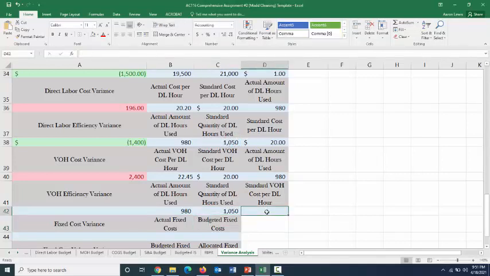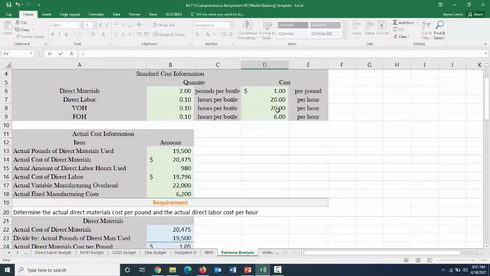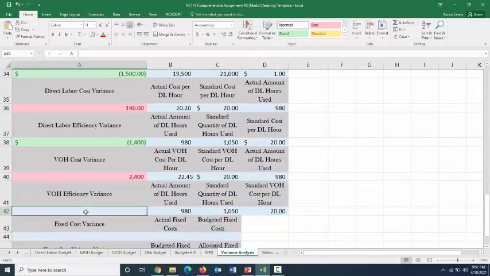Our standard variable overhead cost per direct labor hour was 20 bucks. So if we take in parentheses 980, our actual amount of direct labor hours, minus 1,050, what we should have had, our standard quantity of direct labor hours used, and multiply that by our standard cost per direct labor hour, we get $1,400.